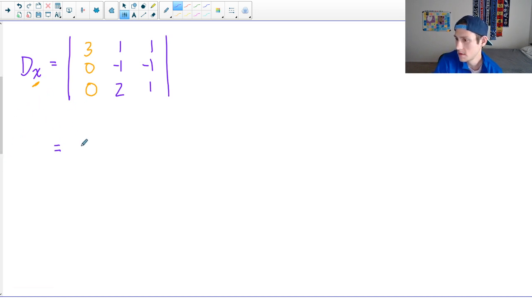Okay, so first number 3. Remove the row and column. We'd have these 4 values left.